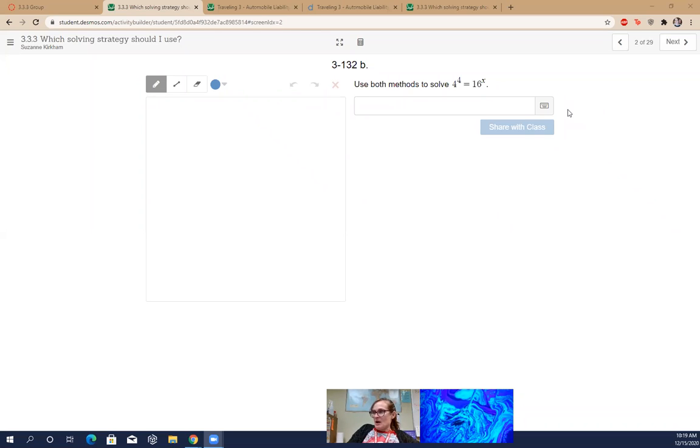All right, so yeah, we're going to go 4 to the 4th equals 4 squared to the x power. And then all we need to worry about is the powers, because the bases are the same.